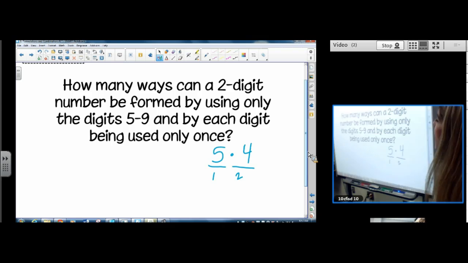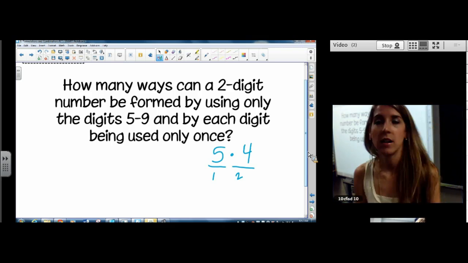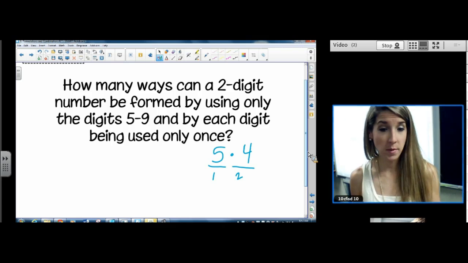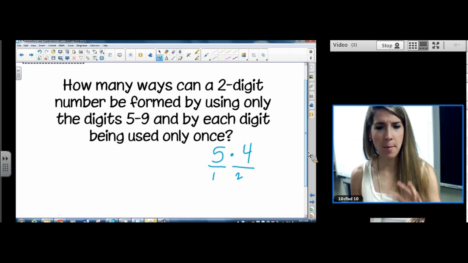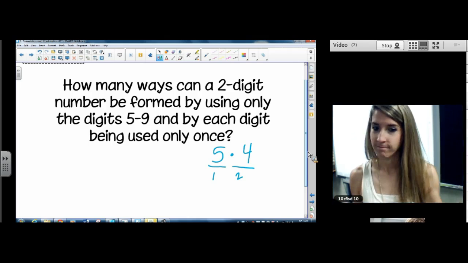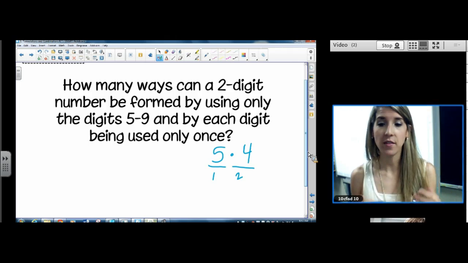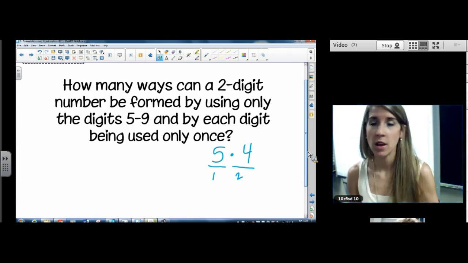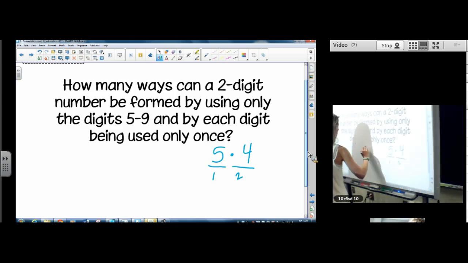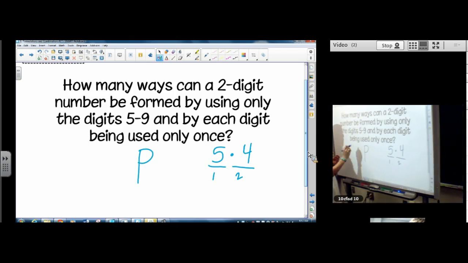What would this look like if you're doing a formula? Is this a permutation or a combination? Well, is 54 the same number as 45? It's not the same number. 54 is not the same as 45. Therefore, it's a permutation. There are 5 choices, and I am choosing 2 numbers.